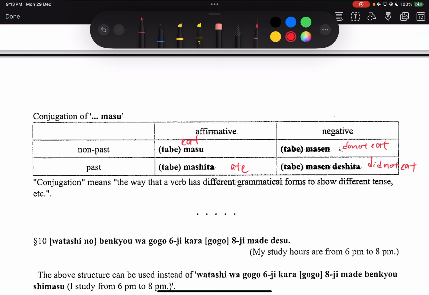For example, I am a student. I want to say I was a student. So 学生でした. Same for the na adjective. 私は綺麗です. What if I was pretty, or I was clean? 綺麗でした. So 私は綺麗でした. That means I was pretty, I was clean. So it becomes past tense. So this でした can be used for anything like noun, na adjective.